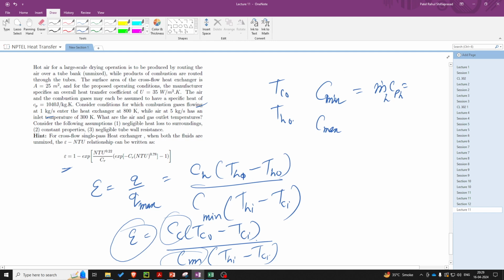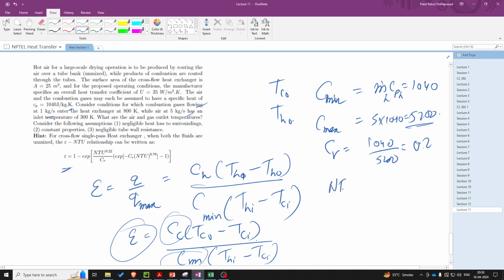That is m dot Cp will be 1040. Similarly, for the air, it will be 5 into, both are having the same value. That is 5 into 1040, that is 5200. So CR for this case will become 1040 upon 5200 is equal to 0.2.